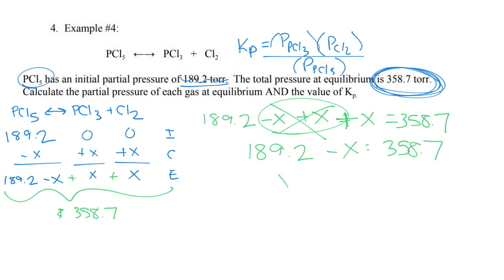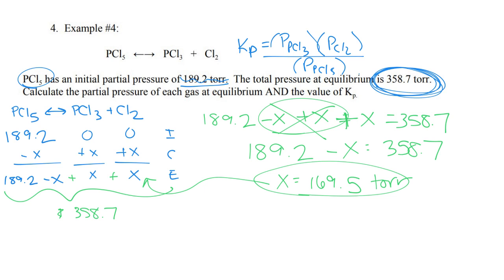And I can go ahead and plug in for x. X is 169.5 torr. I'm going to plug them in all over here.